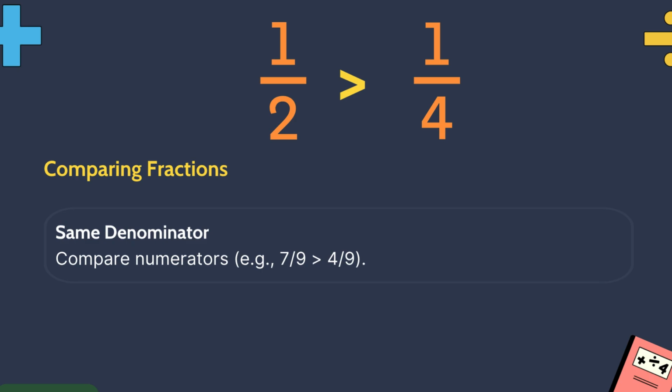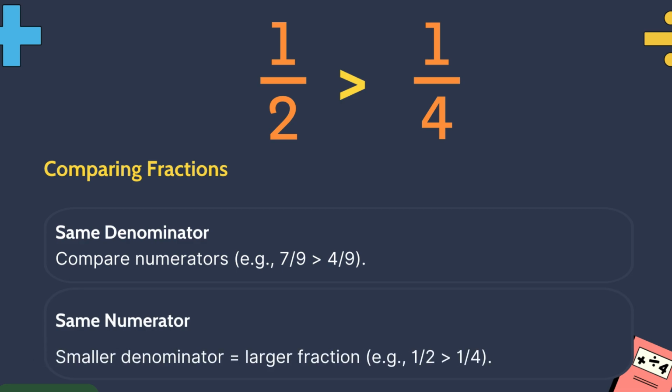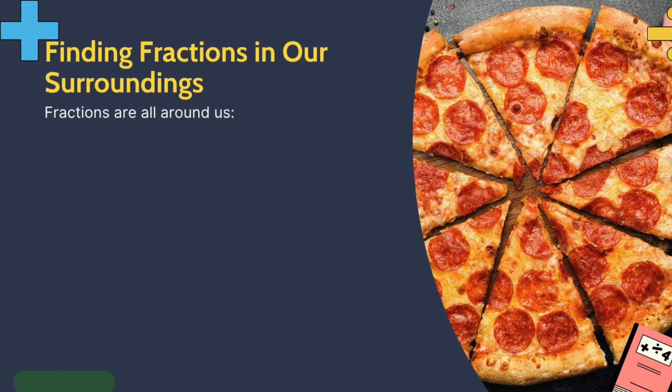For example, with 7 ninths and 4 ninths, we see that 7 ninths is greater than 4 ninths. Conversely, when fractions have the same numerator, a smaller denominator means a larger fraction, like a half is greater than a quarter.